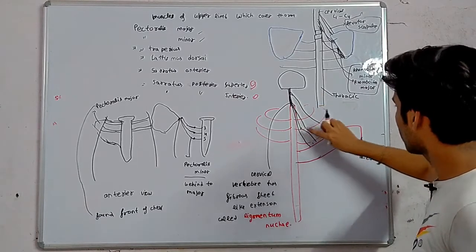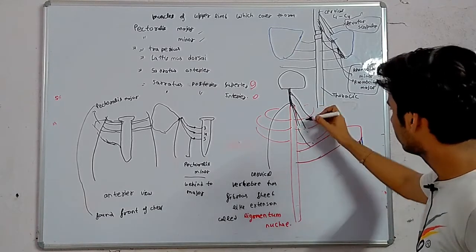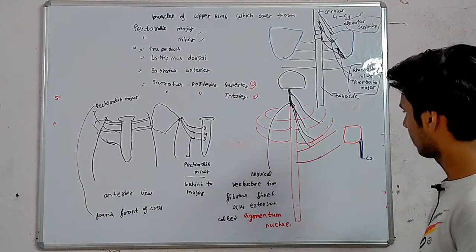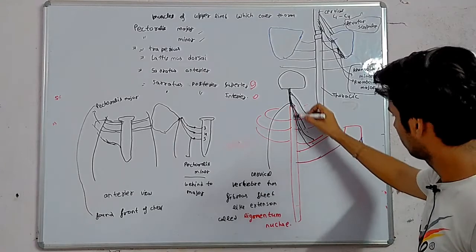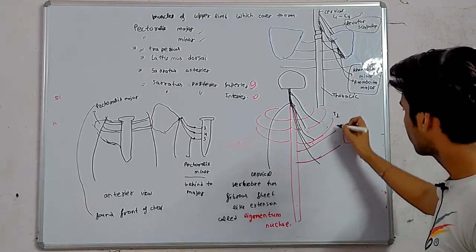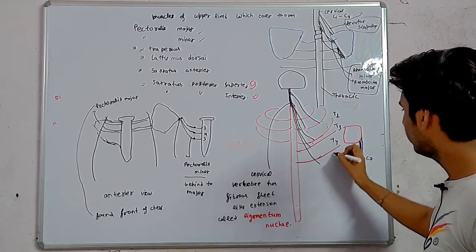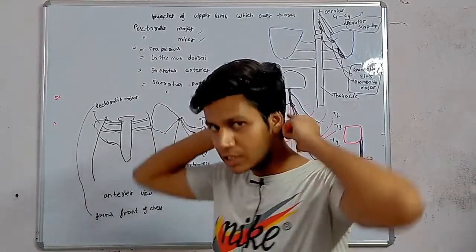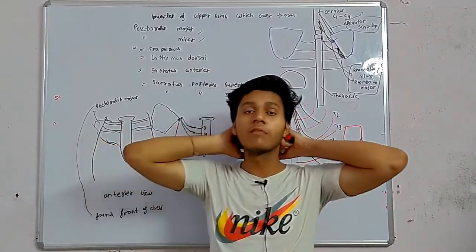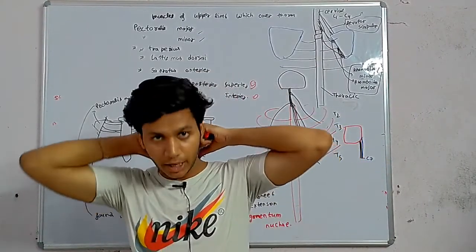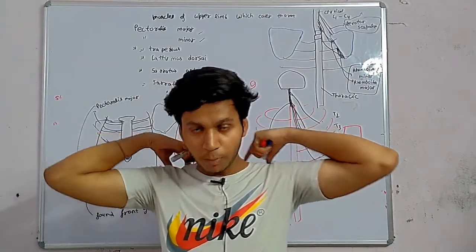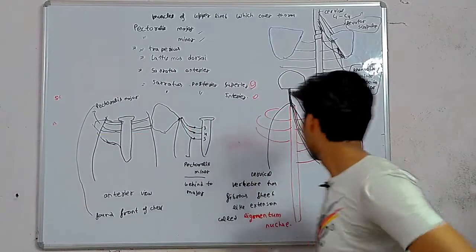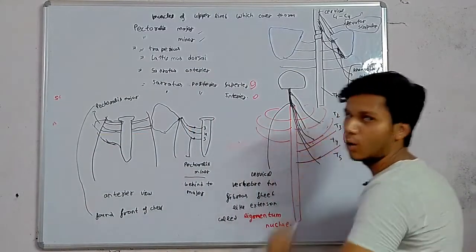The 4 ribs are T2, T3, T4 and T5. The muscle covers the posterior aspect of the thorax.